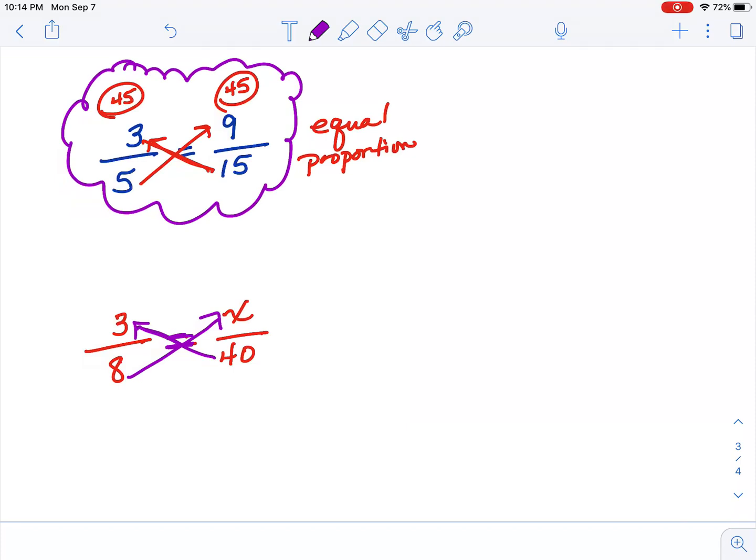So let's multiply across this way the two I know. So 40 times 3 is 120. So when I multiply across this way, 8 times x has to give me 120.